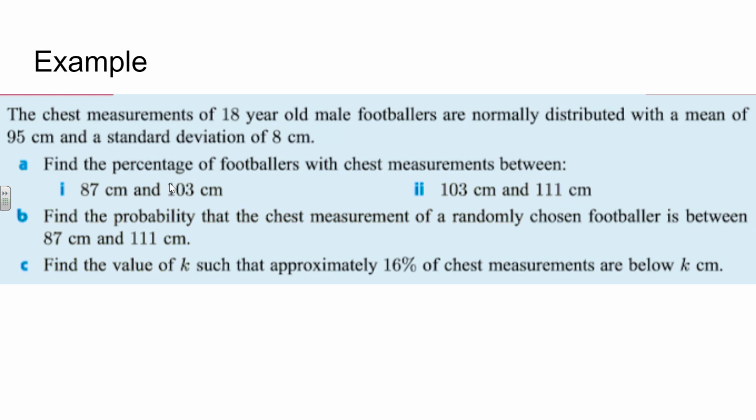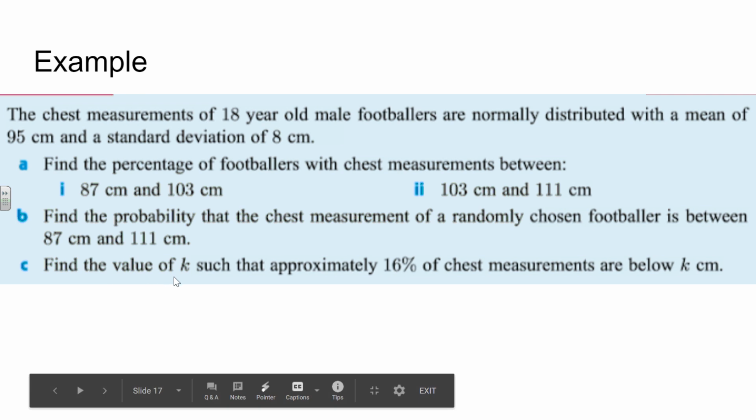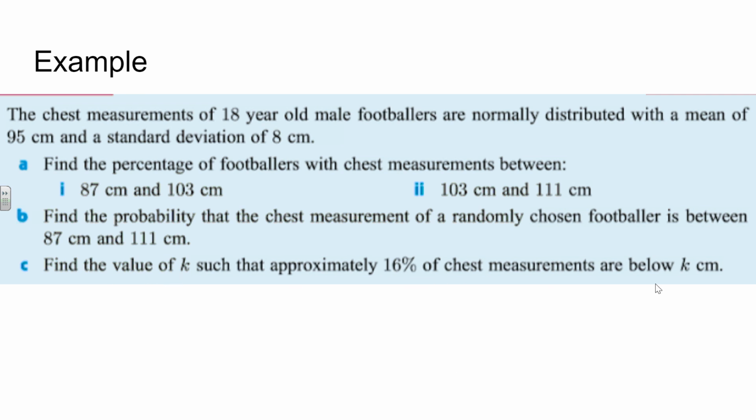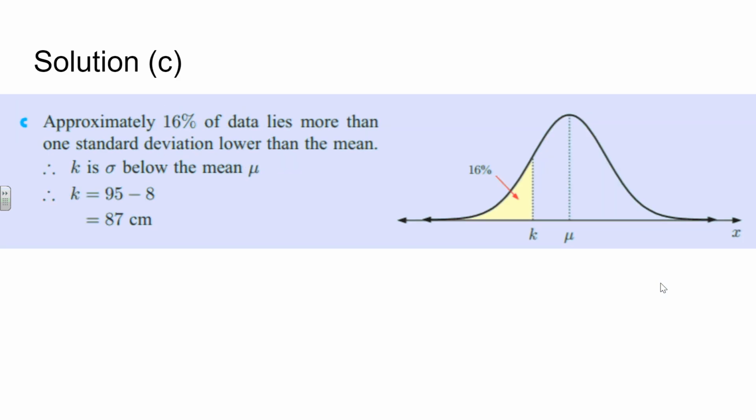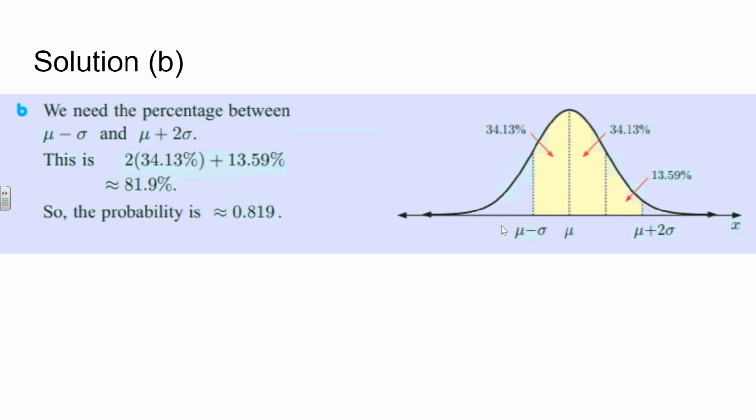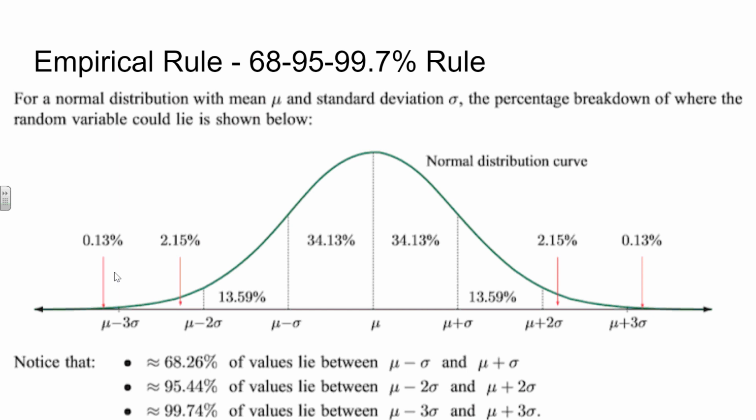Let's take a look at question C. C says find the value K such that approximately 16% of chest measurements are below K. All right, so if I look at this one here, I want 16% below it. Well, if I go back to the original graph that we showed where the percentages are, I see 0.13%, 2.15%, so that's about 2.3.